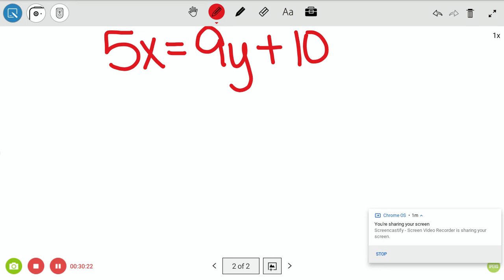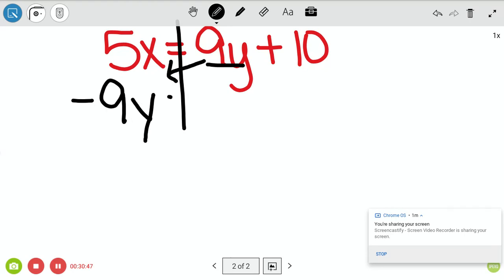Whatever variable you're solving for, in this case y, we put the y term on the left and everything else on the right. In order to get the y term on the left, we need to move this over, so you would subtract 9y from both sides. There's no other y term, so I'm just going to put a negative 9y.